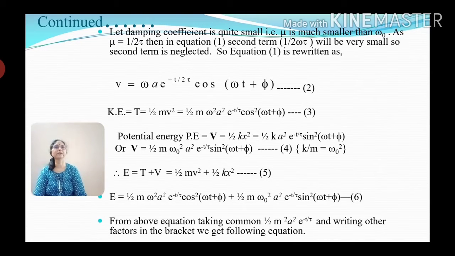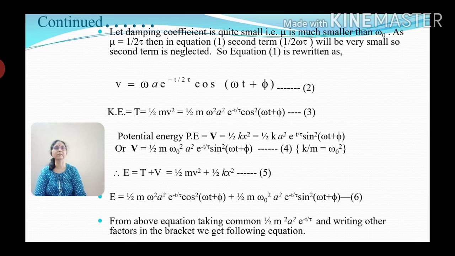Next, let the damping coefficient be quite small. For light damping conditions, mu is very small, and we know that mu is equal to 1 upon twice tau. Therefore, when we neglect the second term as compared to the first term, we get v is equal to omega a e raised to minus t upon twice tau cos(omega t plus phi).